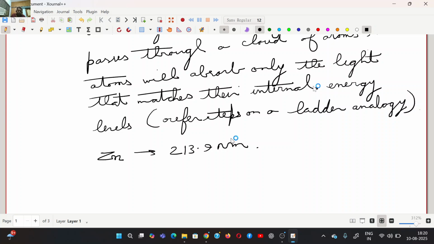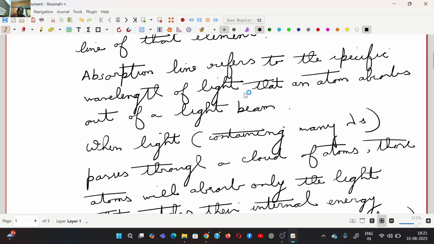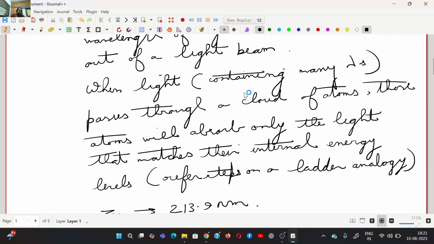One question you may ask is why it is called a hollow cathode lamp. It's because the lamp contains a cathode made of the element that you want to analyze. For instance, if you want to analyze arsenic, it contains a cathode made of arsenic. You must be familiar with the anode and cathode; they're just electrodes.